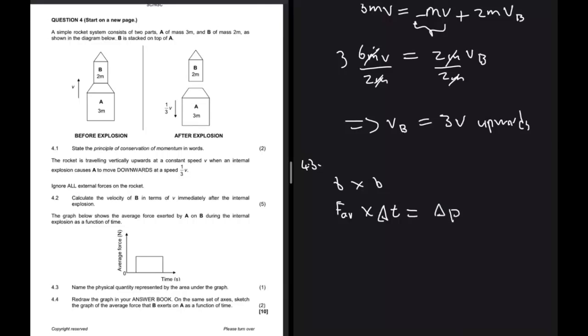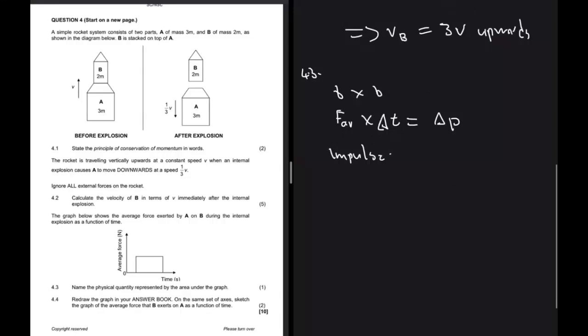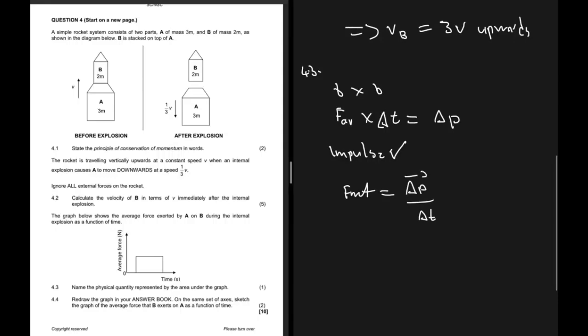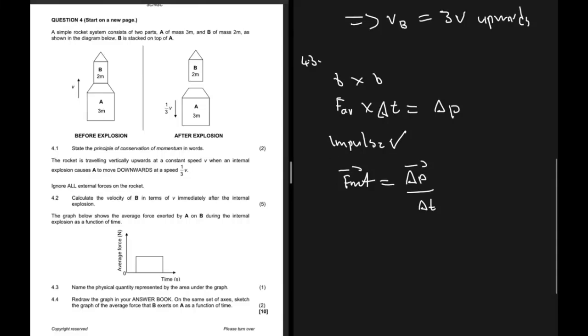That is delta p, right? So the physical quantity represented by the area under the graph is impulse, the change in momentum. So that is coming from the formula F net equals delta P divided by delta t.